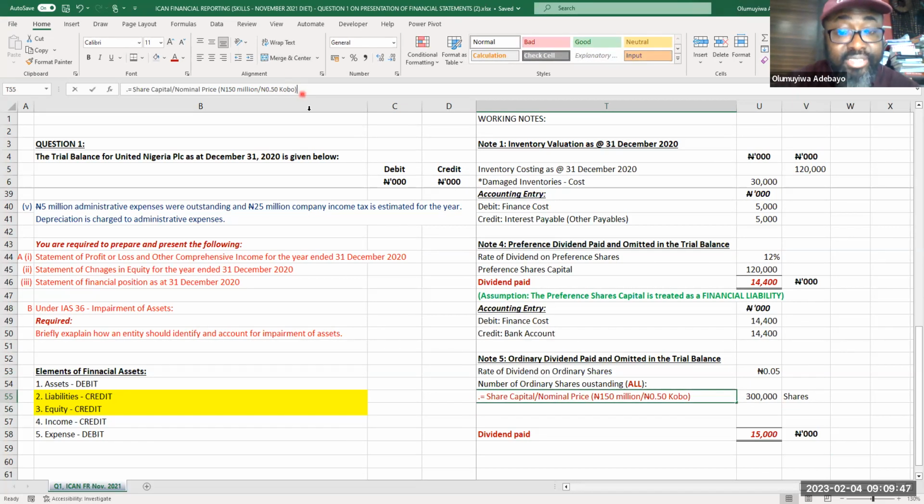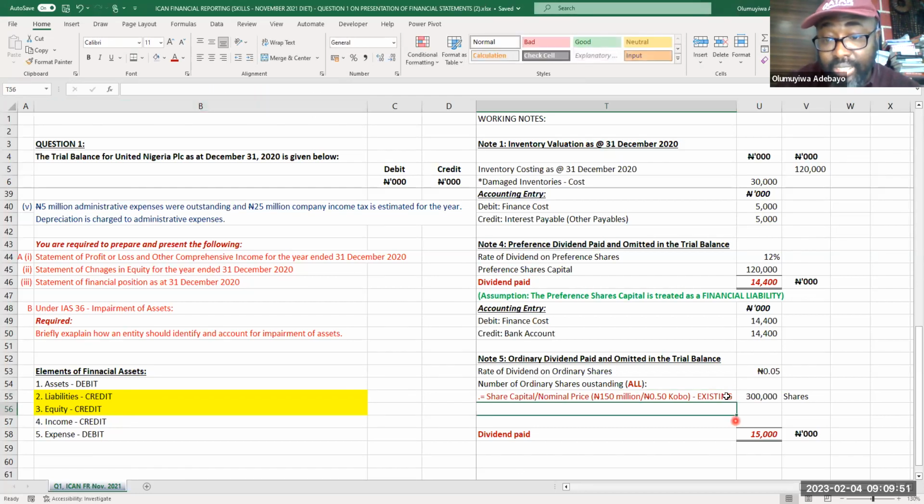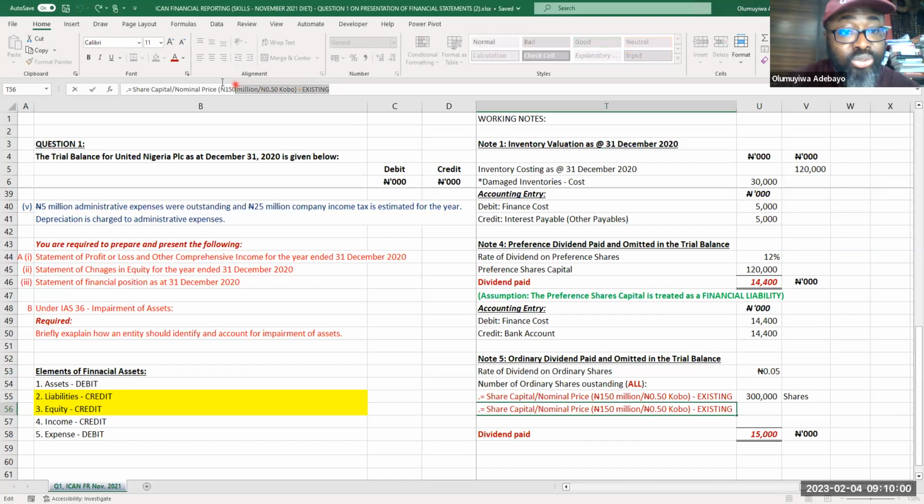I'll say this is for existing. I'll replicate it for new. New, we already have new. I don't need to calculate for new.